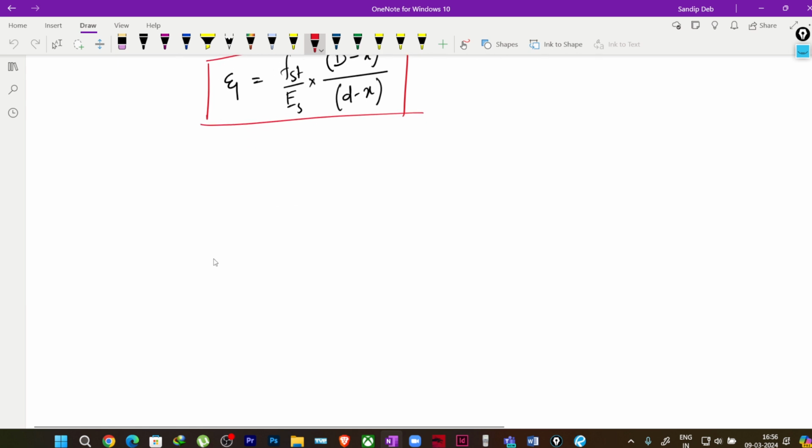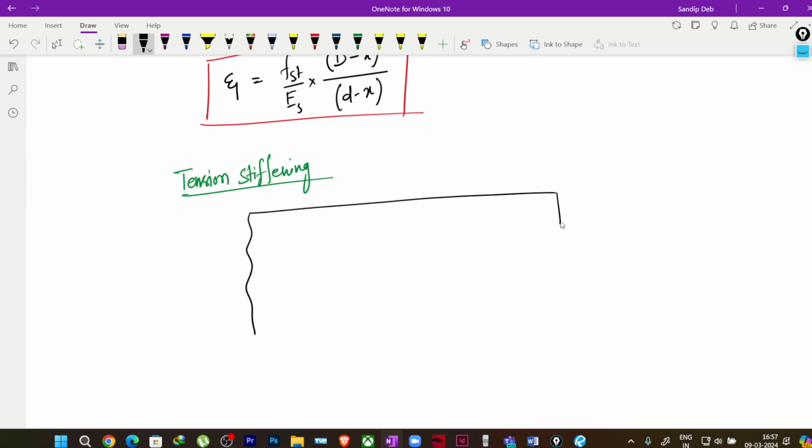Now there is one phenomenon called tension stiffening. Now why am I talking about this tension stiffening? So first of all, let us understand what is tension stiffening. Suppose we have a concrete section like this.